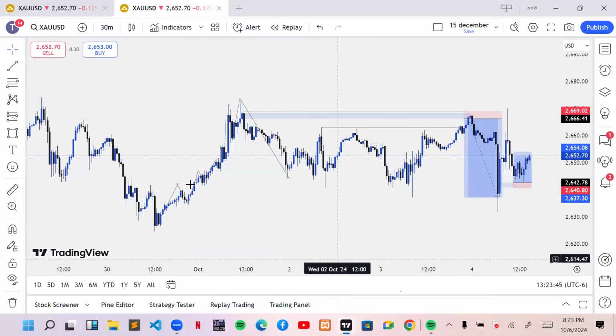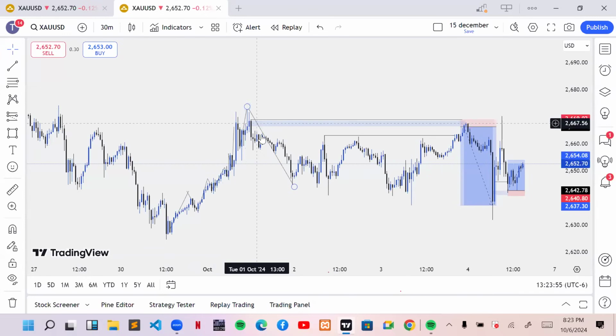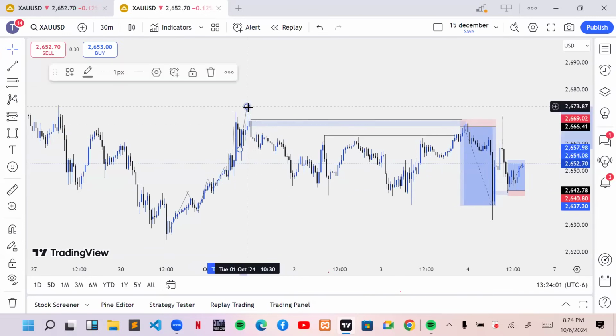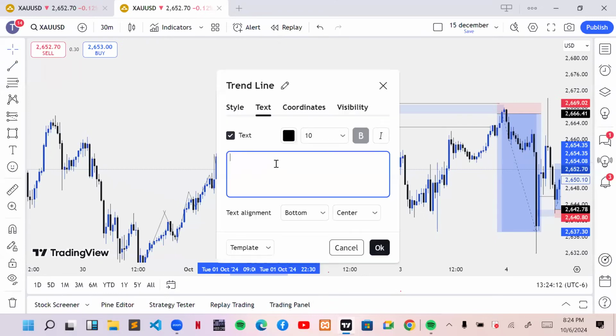Higher highs, higher lows, higher highs. The market now broke down the last low and made a lower low. This is an indication that the market is now turning bearish. Market structure shift happened right here: this was the last low, and the market took out that last low, changing the trend of this market from an uptrend to a downtrend.